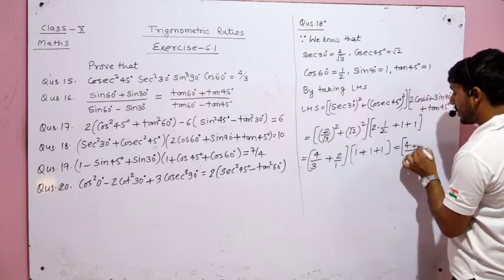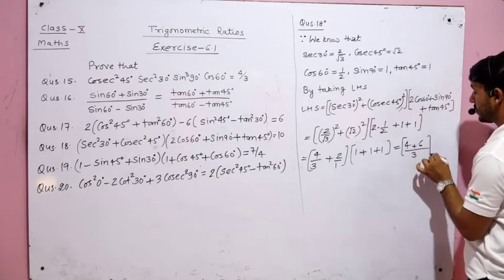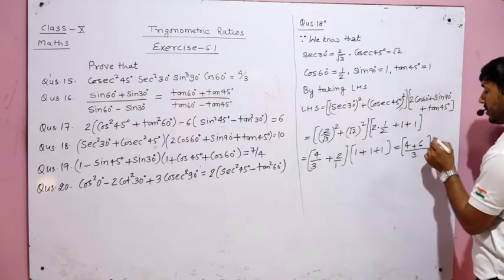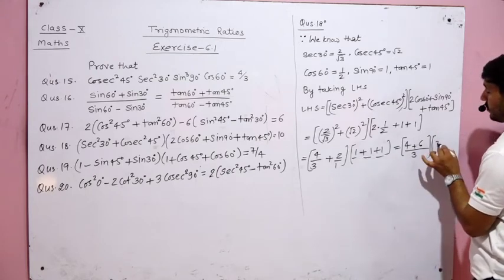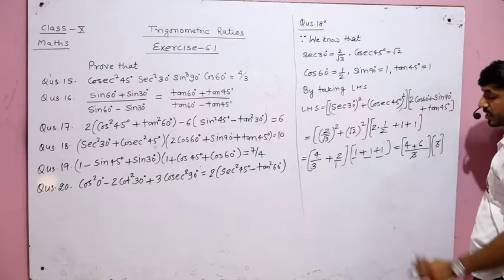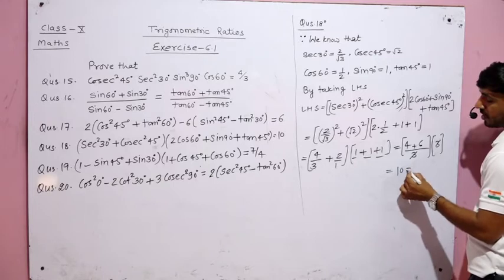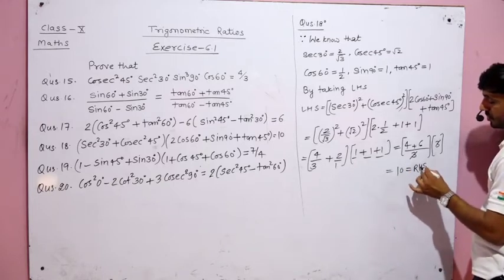In the next part we can write 2 multiplied by 3, that's why we have 6. In the next step you can see 1 plus 1 plus 1 is equal to 3, and again 3 is cancelled by this 3. That's why we have 6 plus 4, that is equal to 10. It means we have LHS equal to RHS. Hence proved.